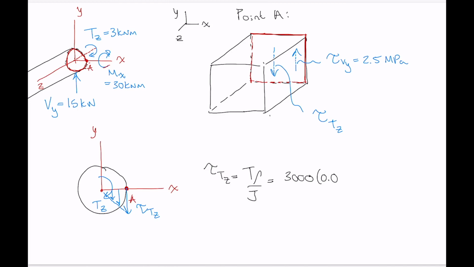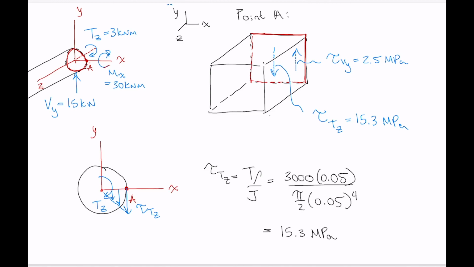So we've got 0.05, 50 millimeters, and J, pi over 2 radius to the 4th power. And that is giving us 15.3 MPa. Okay, so this is 15.3 MPa.